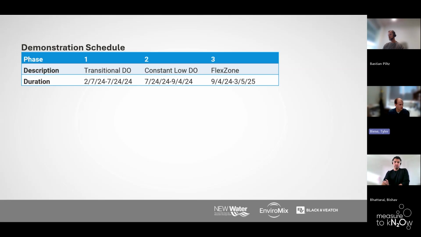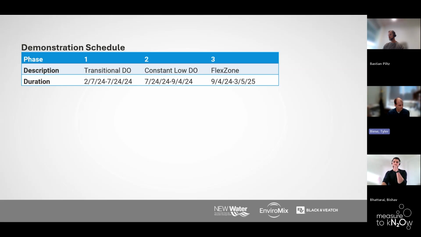In the second phase, we had a constant DO. Essentially, the first 3 subzones were kept at a constant DO. And then the third phase was going to a flex zone control, which is a control that Enviromix developed that changes the DO set point in the first 3 zones based on your loading.